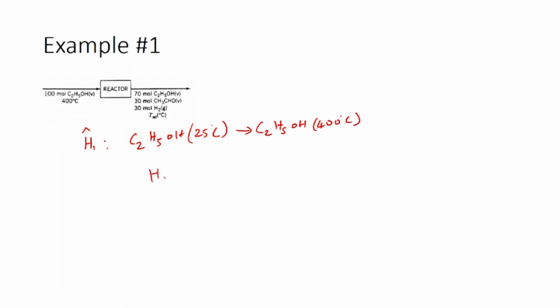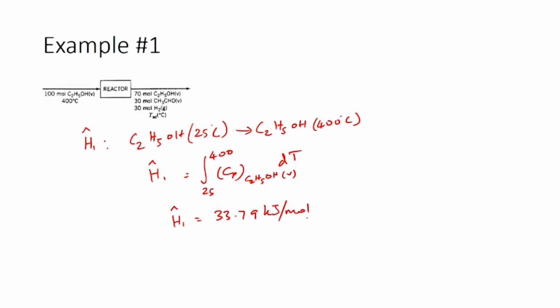So, your H1 cap would be equal to integral 25 to 400 Cp of ethanol vapor, C2H5OH vapor, dT. We need to get the Cp for ethanol, and we will be able to perform this calculation, and this would give us a value of H1 cap of 33.79 kilojoules per mole. You can get the Cp value from your textbooks or other reference books.